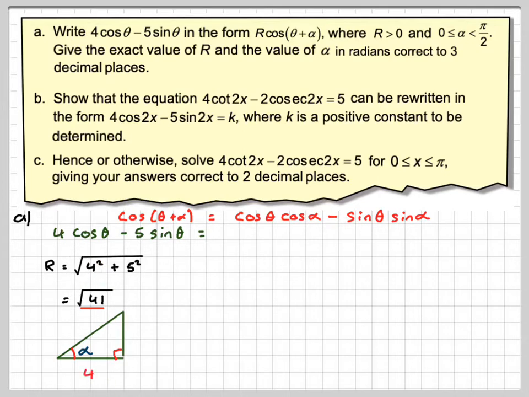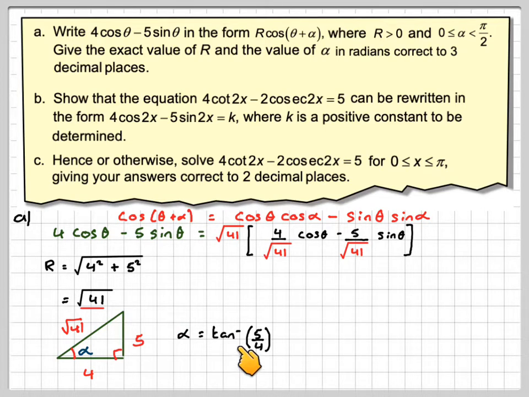So the adjacent side is 4, and the sine, we want this to be sine alpha, that would be 5, and then the hypotenuse will be the square root of 41, and therefore this now becomes the square root of 41 times (4 over root 41 cos theta minus 5 over root 41 sine theta).